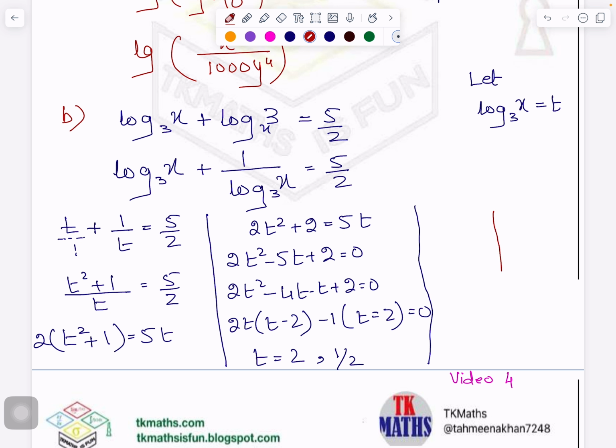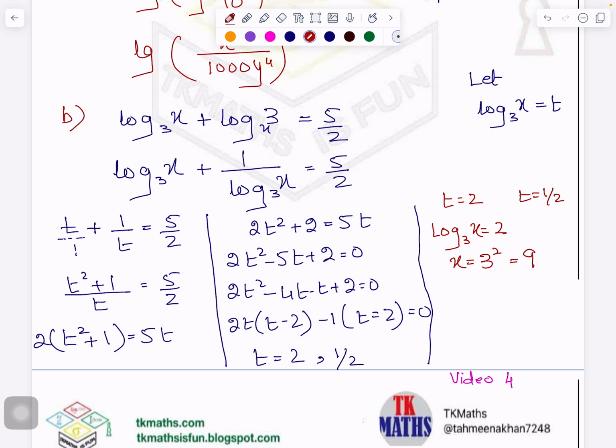So now I will consider when t equals 2 and when t equals half. Right. So it will be log x base 3 equals 2. So x equals 3 squared. So I got the value 9.